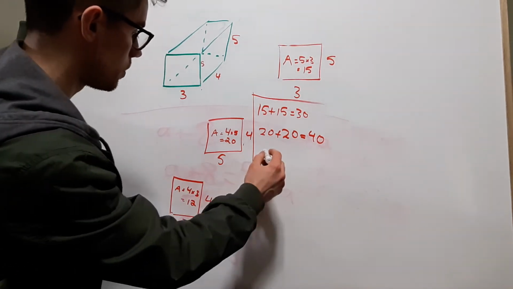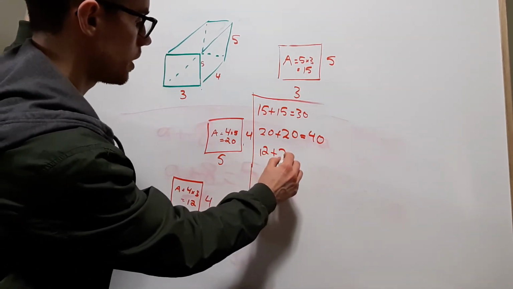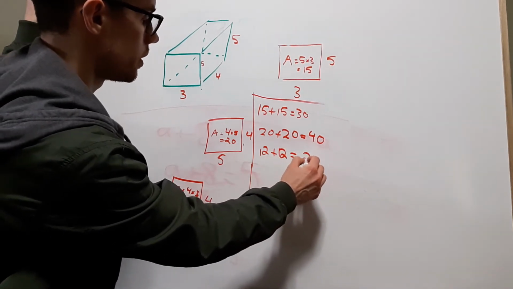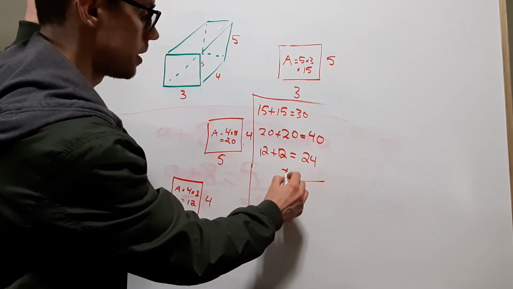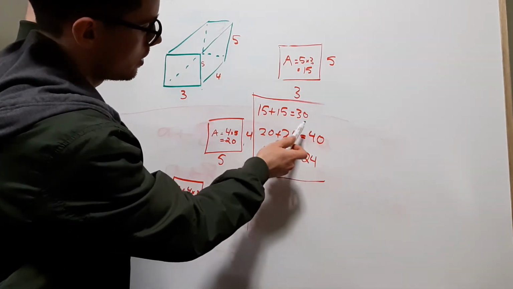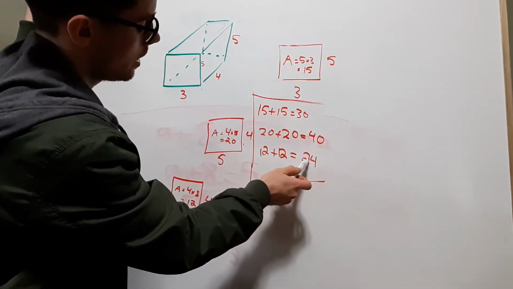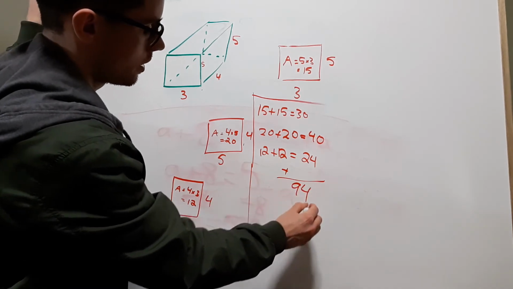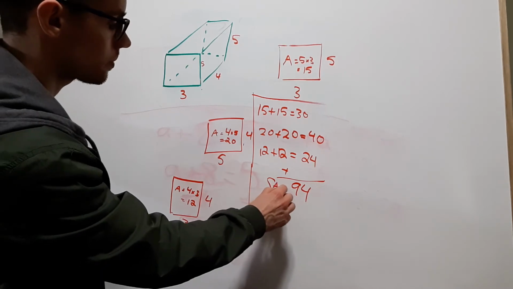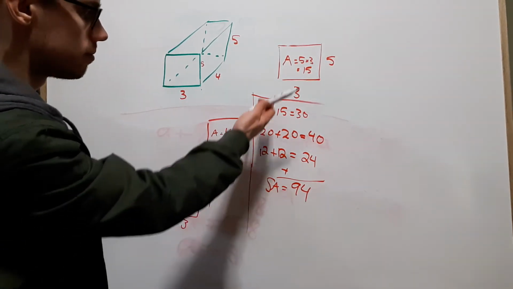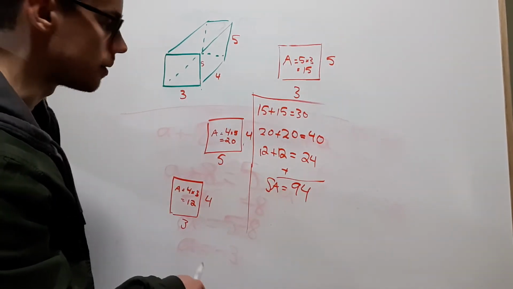And there's 2 of those, so I'll have 12 plus 12, and that gives me 24. So when I add all of those up, I end up with 70, 80, 94. So the total surface area for this object is going to be 94. Nice to show all that work that way.